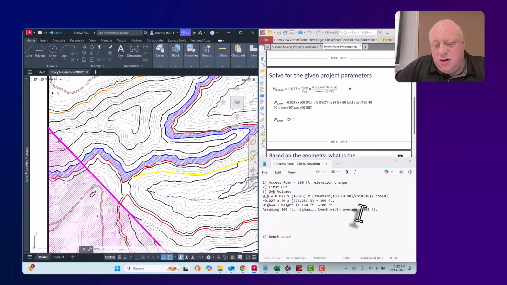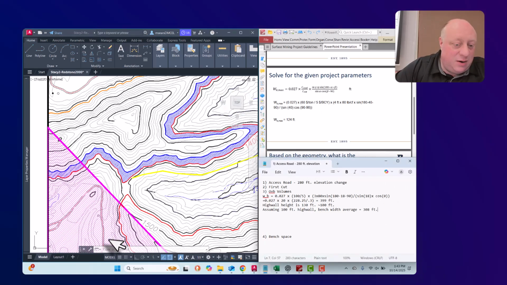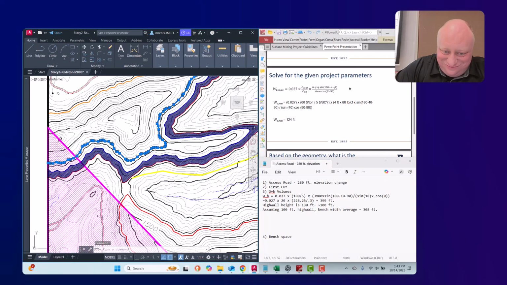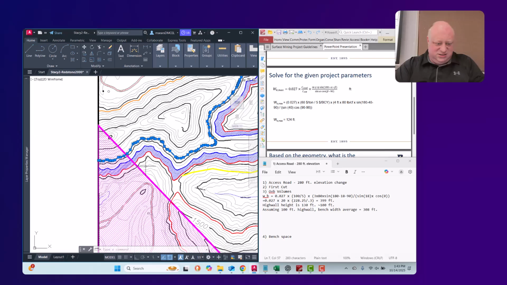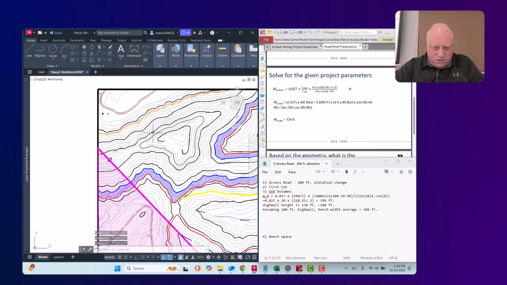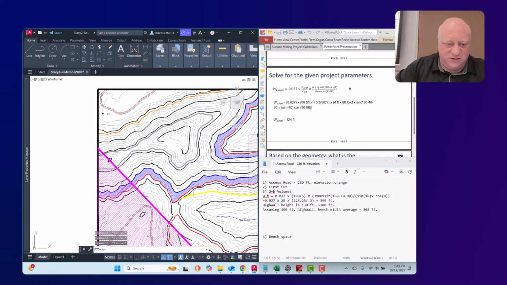You could take this geometry, and as long as it looks kind of like this, you could just consider it the area of a triangle and the volume like we've calculated before. However, we've got this whole point coming off. So if we're going to take the whole thing off, we're going to need to calculate that volume. Let's see if I can hatch this without doing anything else to it.